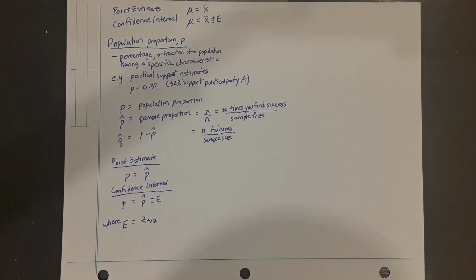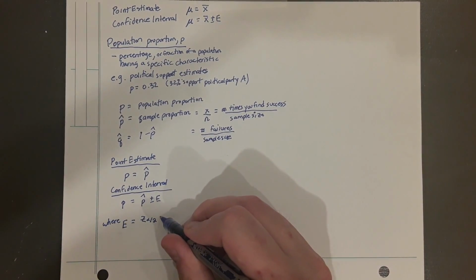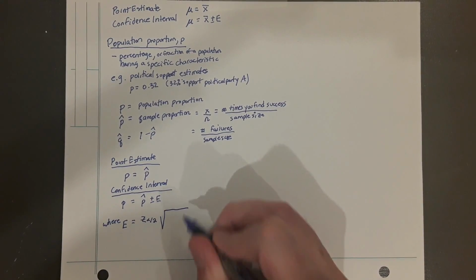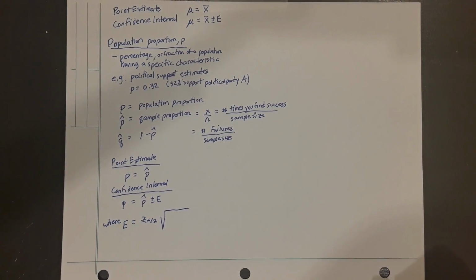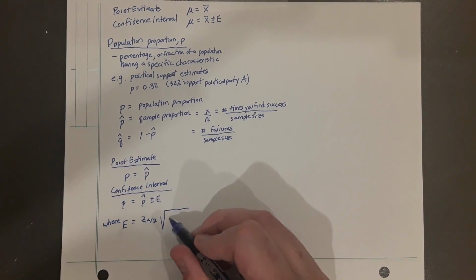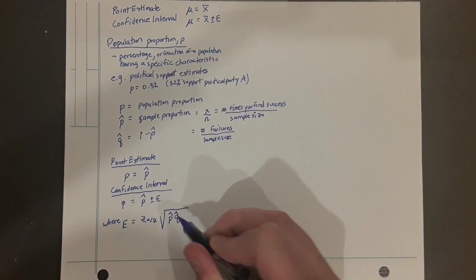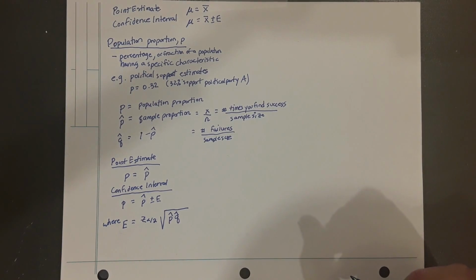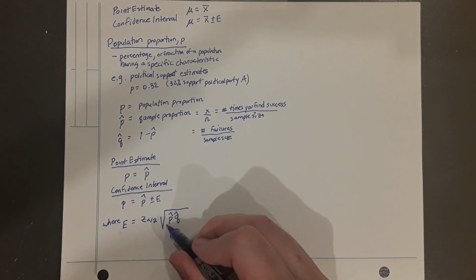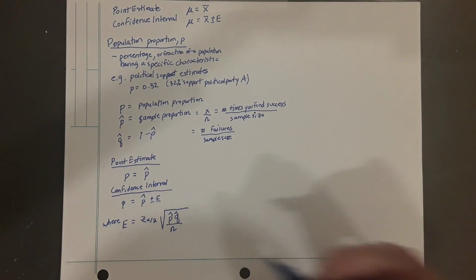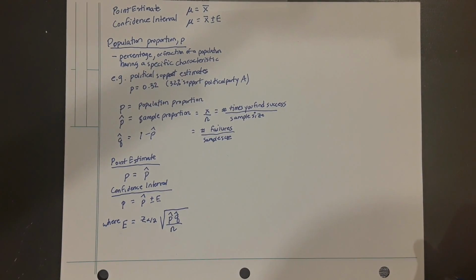It'll always be the z-score for the confidence interval estimate, and we multiply it by the standard deviation over square root n. When we're dealing with the binomial distribution, you may remember the standard deviation was related to the product of p and q. If we divide the square root of that product by the square root of n, we get our error estimate for population proportion.